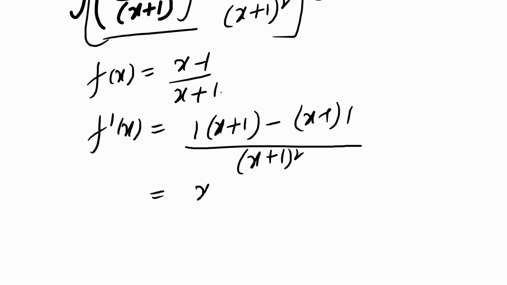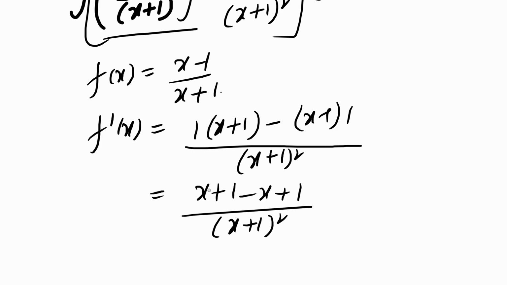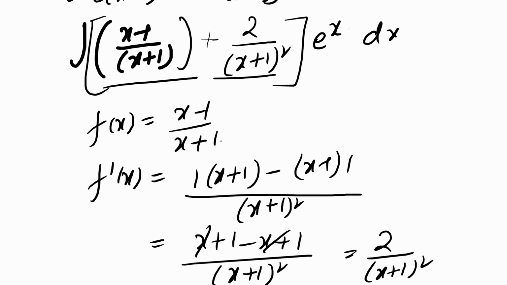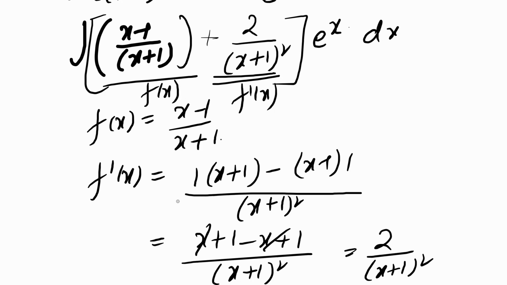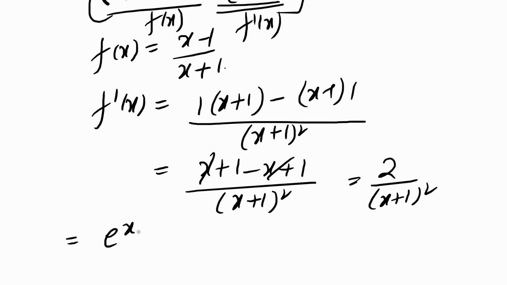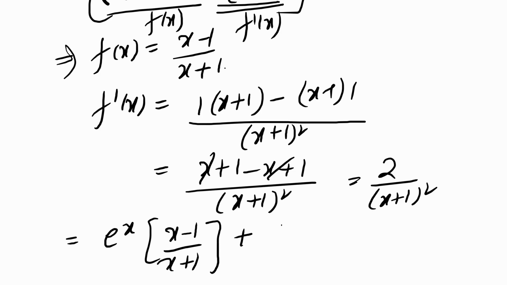So what will I get? x plus 1 minus x plus 1 upon (x plus 1) whole square. x will cancel, and I will get 2 upon (x plus 1) whole square. So I can clearly see that I got this. So this is fx and this is f dash x. So in the next step, I can directly write down e to the power x times fx. What was fx? Fx was this. So e to the power x times (x minus 1) upon (x plus 1) plus c. This is my answer. I hope you understood it.